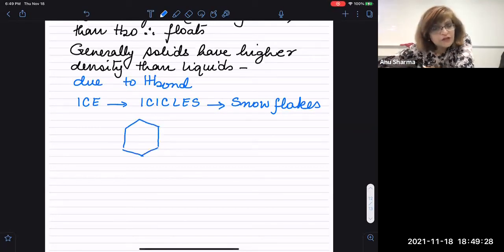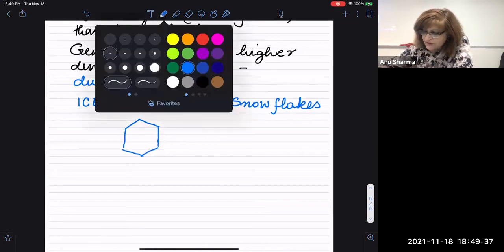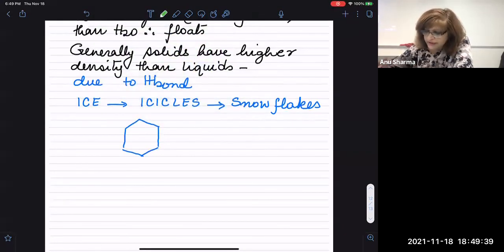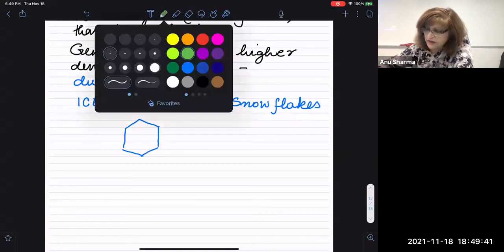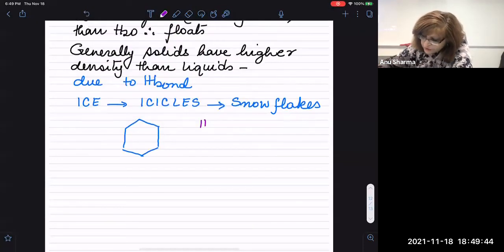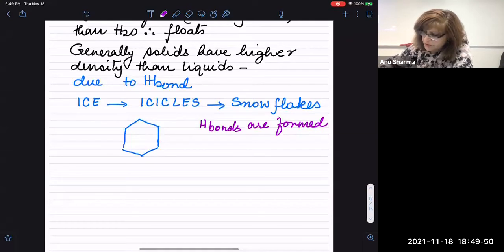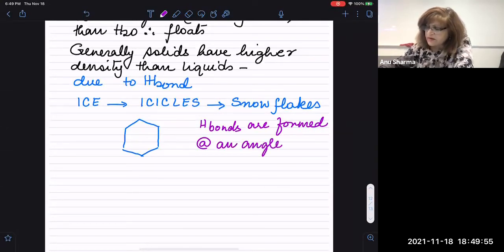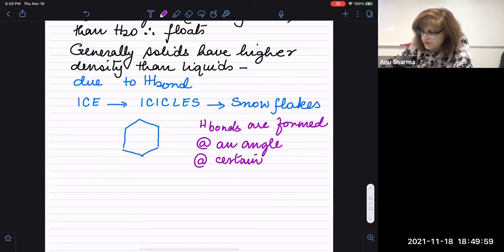No two snowflakes are ever going to have the same shape. But here's the thing: when water molecules form hydrogen bonding, hydrogen bonds are formed at an angle, at a certain distance from each other.